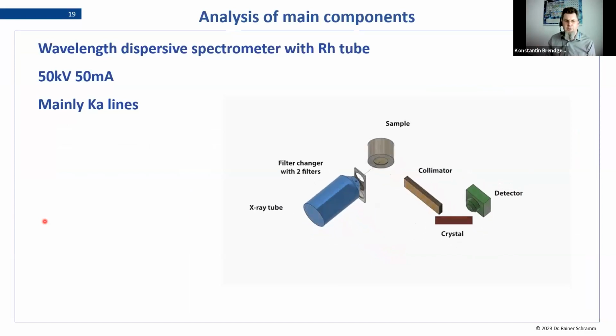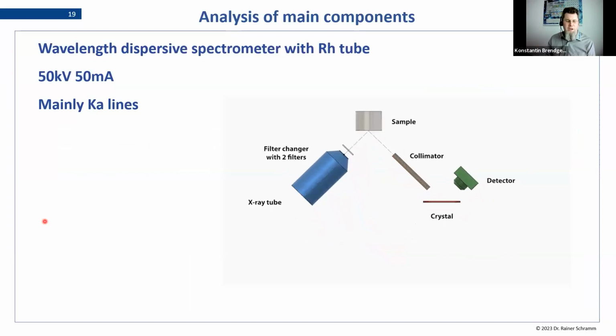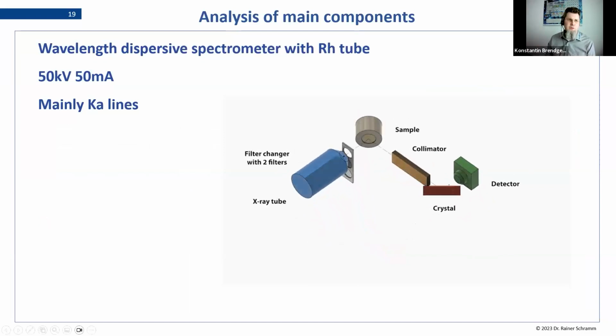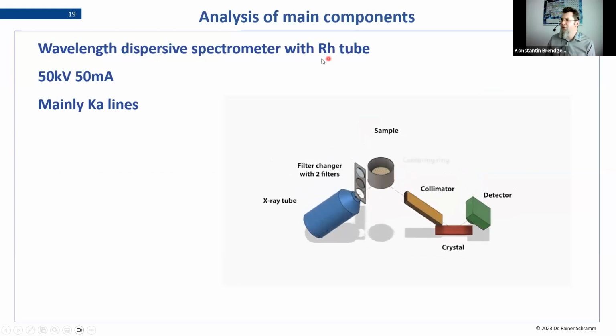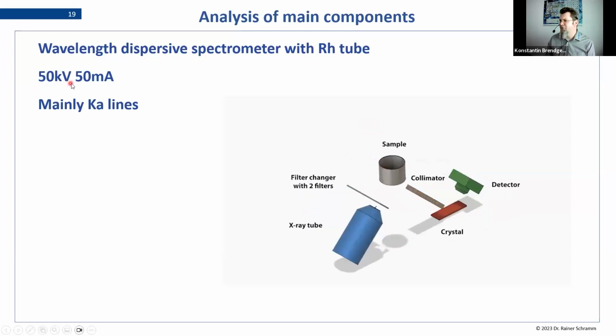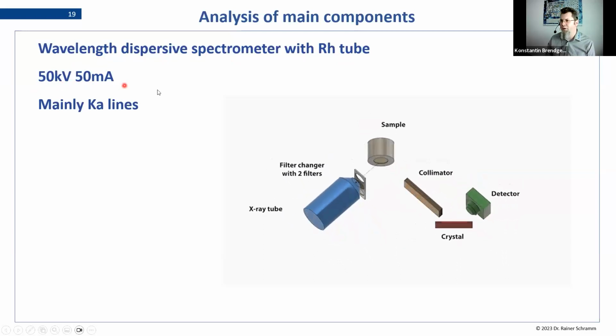What equipment are we using here? In our lab, we use a wavelength dispersive unit. Both of the spectrometers we use are wavelength dispersive spectrometers with a rhodium tube. Our standard setting for the channel is 50-50, so we are working on 2.5 kilowatts.